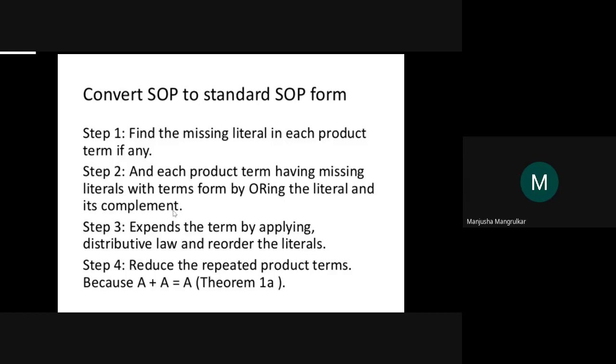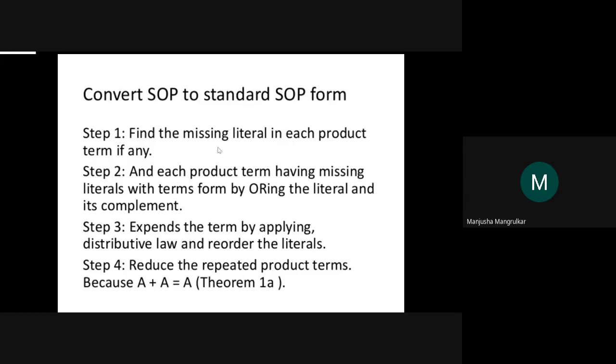Those are the missing variables, so we add that variable with its complement, expand the term using the distributive law, and reorder the literals. Reduce the repeated product terms because A plus A is equal to A. This is also one of the theorems. We use all of Boolean algebra's theorems in the product of sums and sum of products.